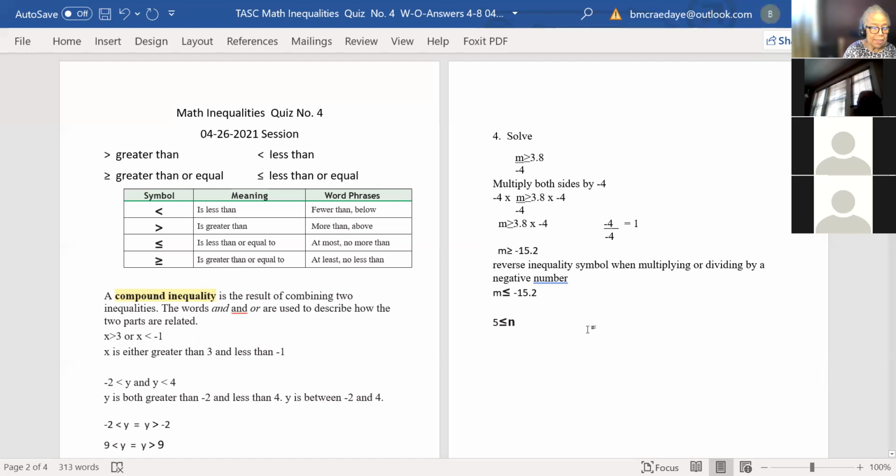Now, if I said 5 less than or equal to n, then it would just be n greater than or equal to 5.